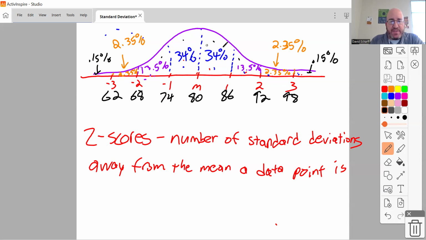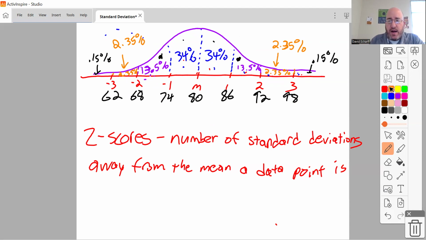So 68 split in half is 34 and 34. Now, I said a couple minutes ago, when we jump from 68 to 95, that's an increase of 27. Everything's symmetrical. So that 27 is split evenly to both of these wings. So it's going to be 13.5%, 13.5%. That doesn't quite look like a 3. Let me make sure that's more clear. 13.5%.